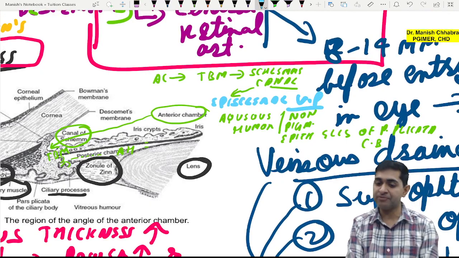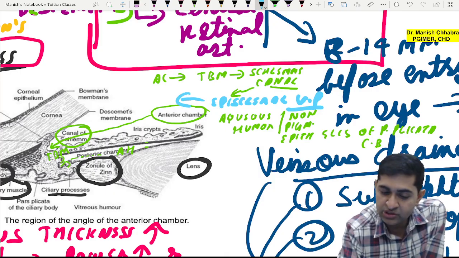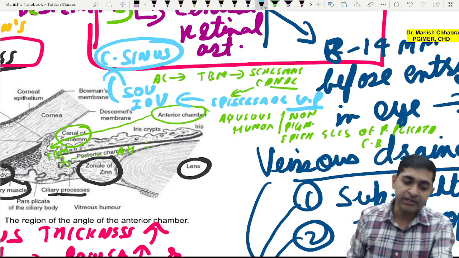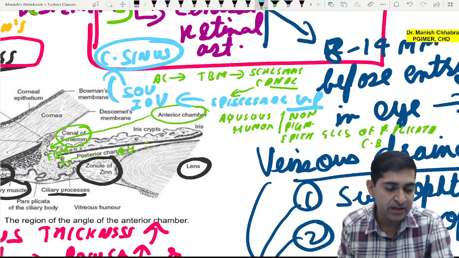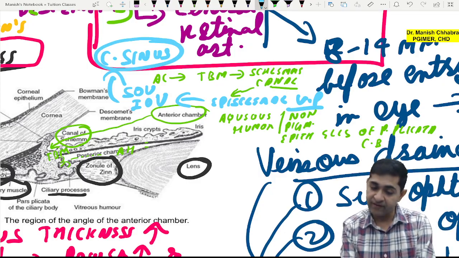VP means venous plexus. From the episcleral venous plexus it goes to the superior ophthalmic vein and inferior ophthalmic vein, then into the cavernous sinus, because ultimately the superior and inferior ophthalmic veins fall into the cavernous sinus.